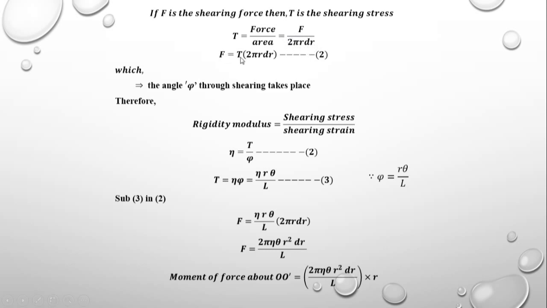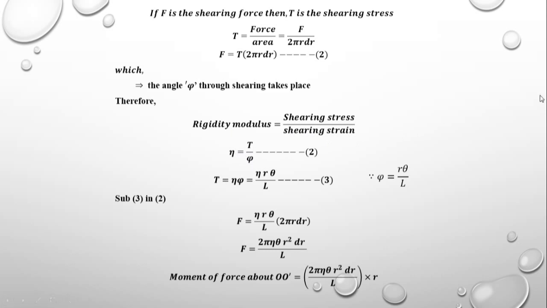Then force is equal to T into 2 pi r into dr, which is equation number 2, with the angle phi through which shearing takes place. Therefore the rigidity modulus is the ratio of shearing stress to shearing strain. Here eta is the symbol used for representing the rigidity modulus, T is the shearing stress, and the shearing strain is phi, the angle through which shearing takes place.